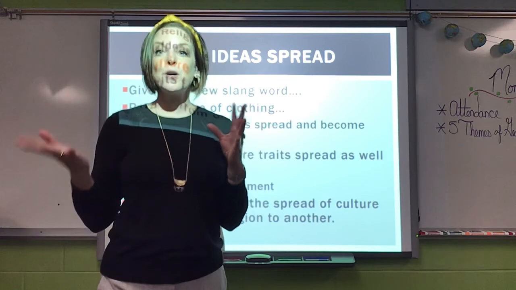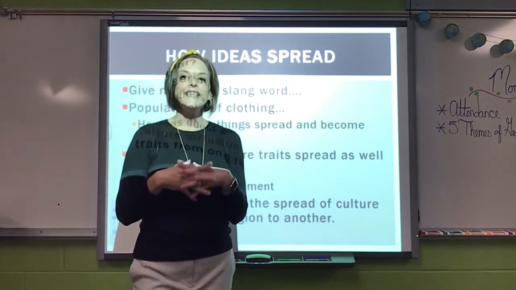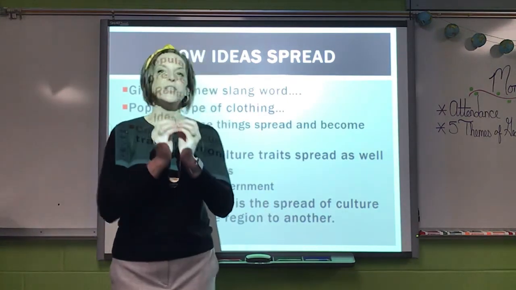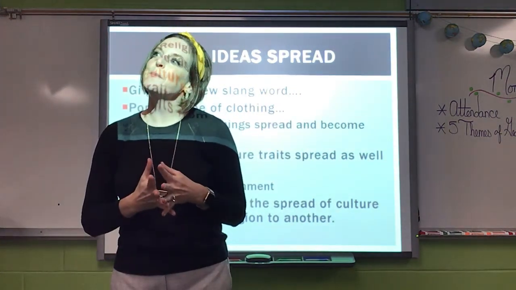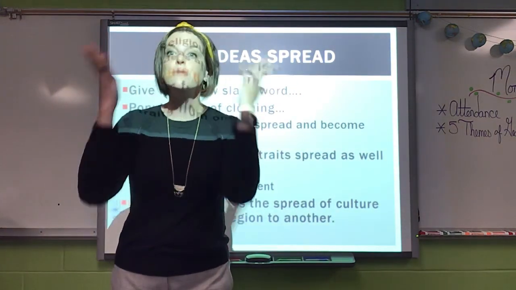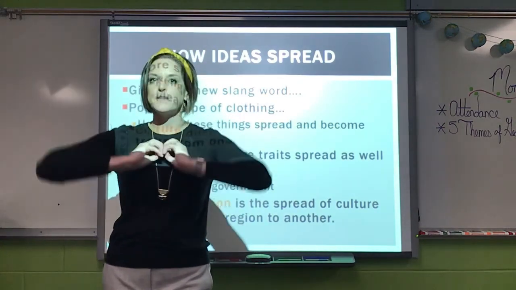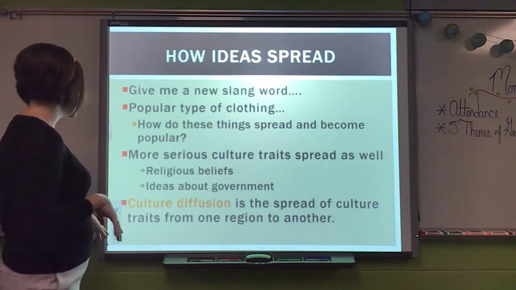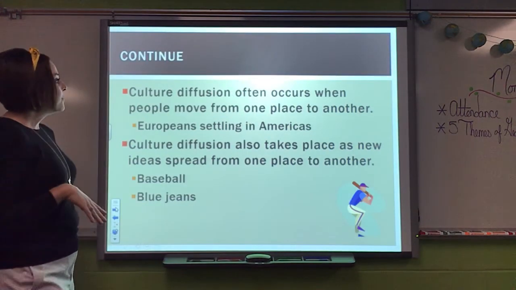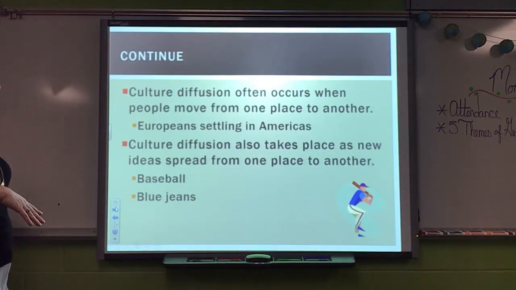I think your book also talks about baseball, and even basketball if you want, and then it kind of diffuses out to other countries and they accept it. Blue jeans, that's another one that just went out, and then a lot of people started to wear and use them as well. Culture diffusion takes place as new ideas spread from one place to another.